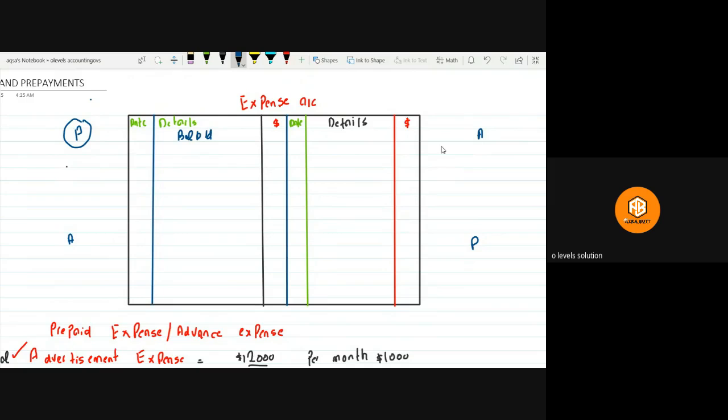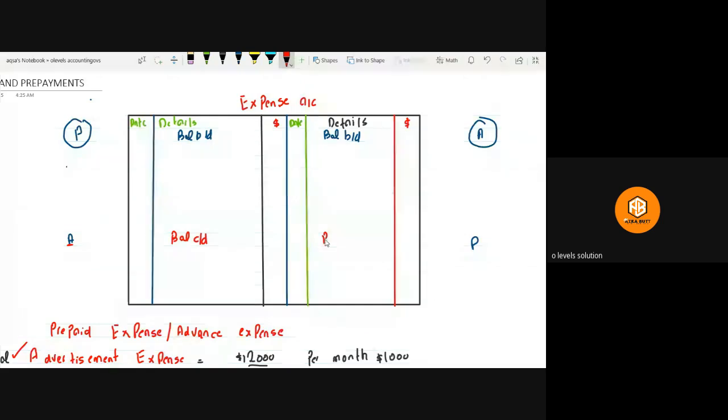And if your opening balance is accrued, you will be writing it here. And if your closing balance, meaning the balance at the end of the year or month, is accrued, you will be writing the closing balance here. And if the closing balance is prepaid, you will be writing it here.